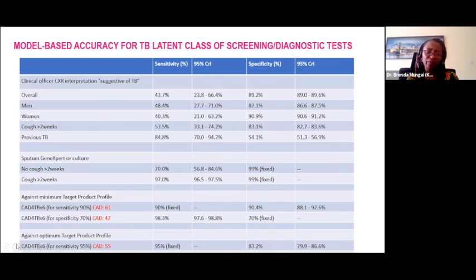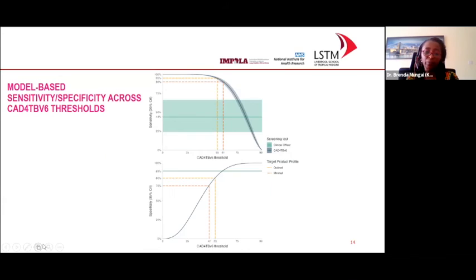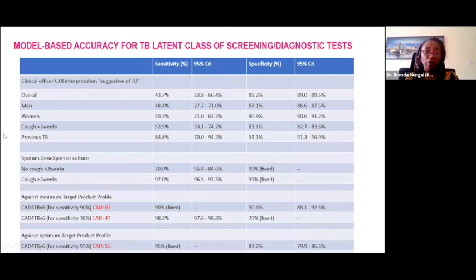By our understanding, this was one of the first studies to carry that out. We compared clinical officer interpretation and sensitivity, which was of course quite specific, since they were trained a lot to pick out the lesions. But did CAD meet the minimum target product profile to assist in screening? And the answer is yes, it did.